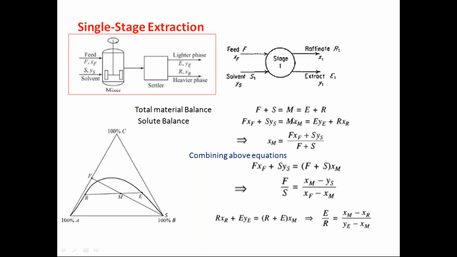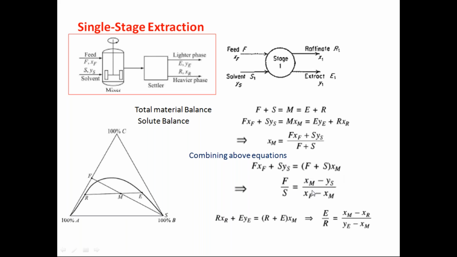M is not a homogeneous phase, it is a heterogeneous phase. So combining these equations, you may get F by S is equal to (xM minus yS) divided by (xF minus xM). So you will get this equation. Usually the ratio of the feed to the solvent will be measured by this one.